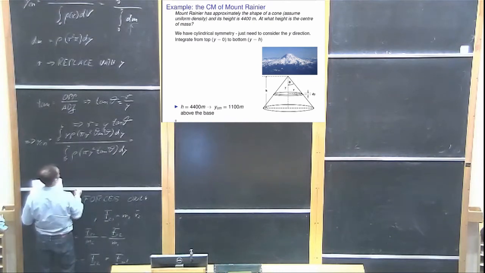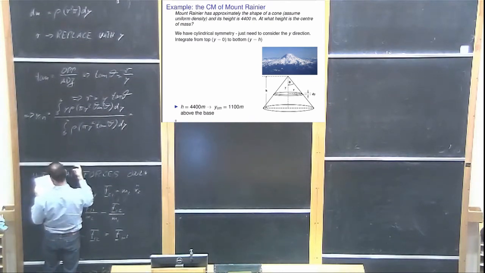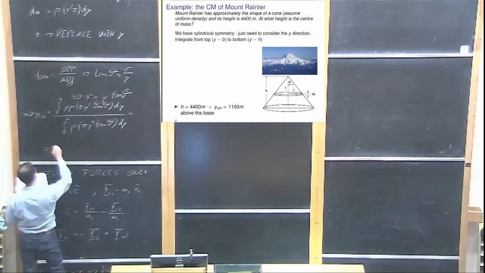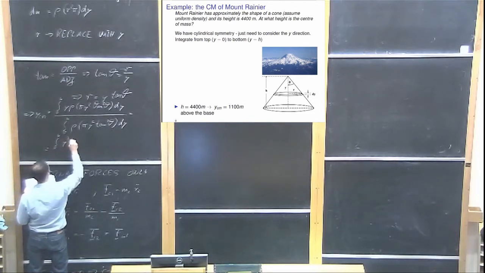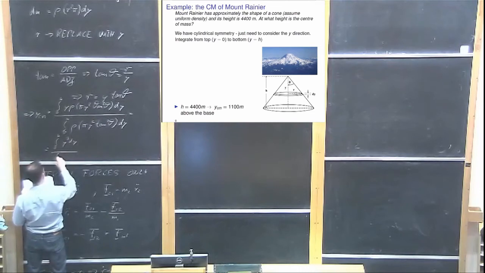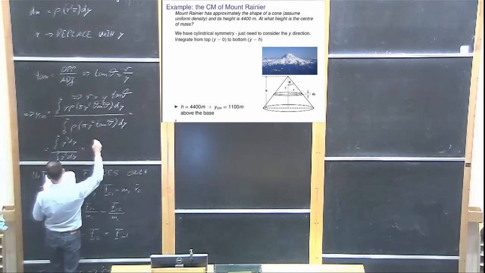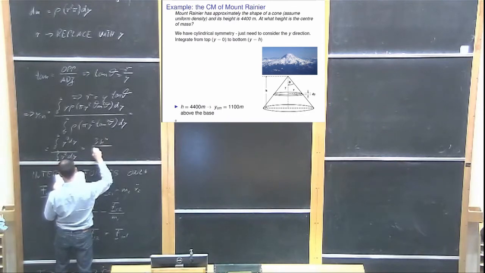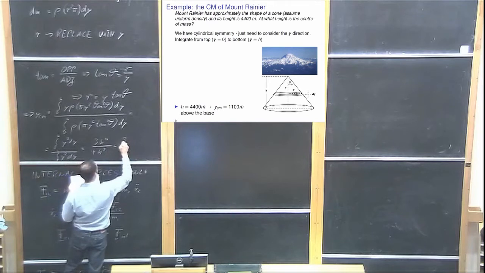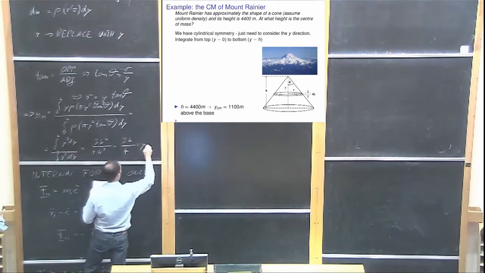Most of the terms we can pull out and cancel. What we are left with is an integral from 0 to h over y cubed dy, over the integral from 0 to h of y squared dy, which equals 3h to the 4 over 4h to the 3, and then we get 3h over 4 equals y_cm.